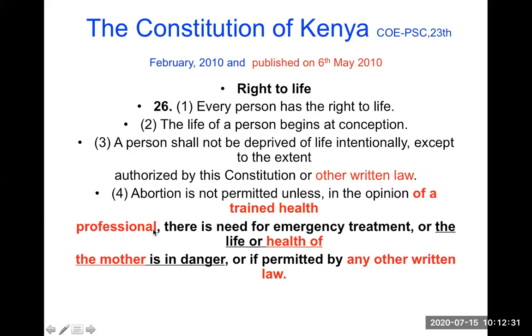There had been a shift from life of the mother is in danger to include health of the mother is in danger, and an insistence that any other written law could make abortion permitted.